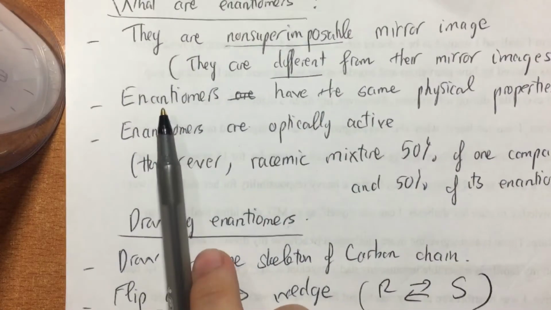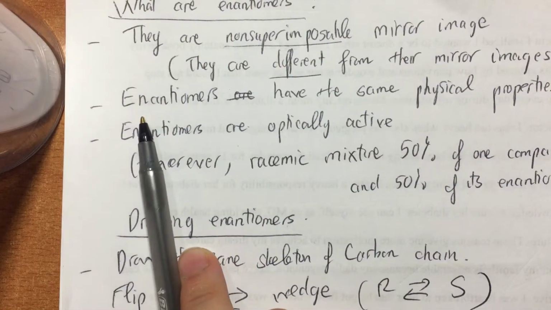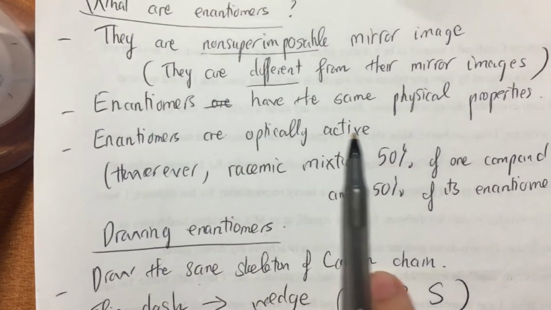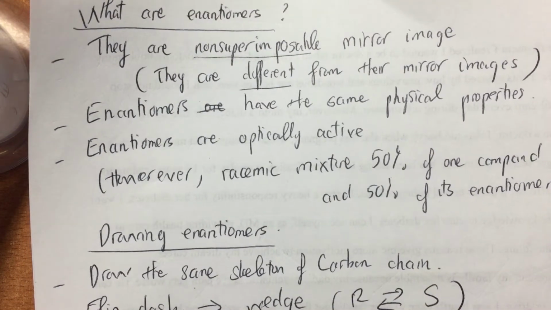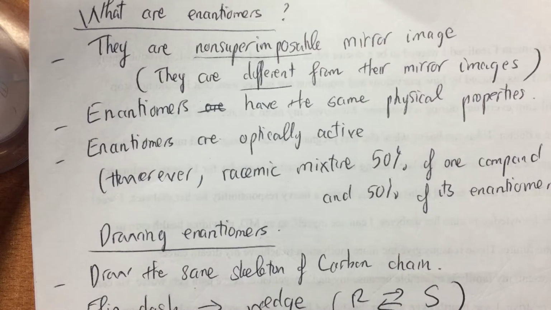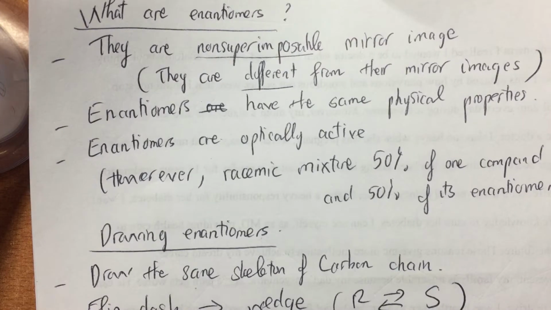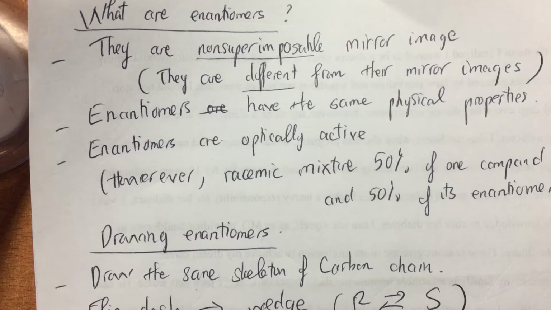And the second thing is that enantiomers have the same physical properties, because all of their arrangement in space is the same. So they will make the same intermolecular interaction.